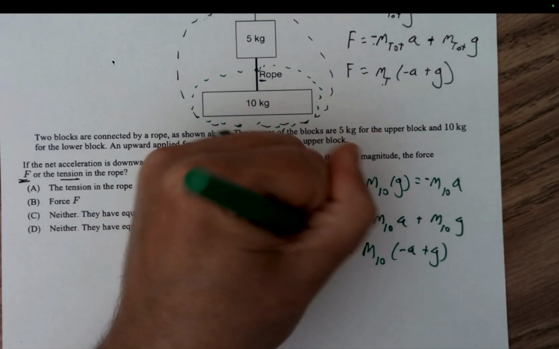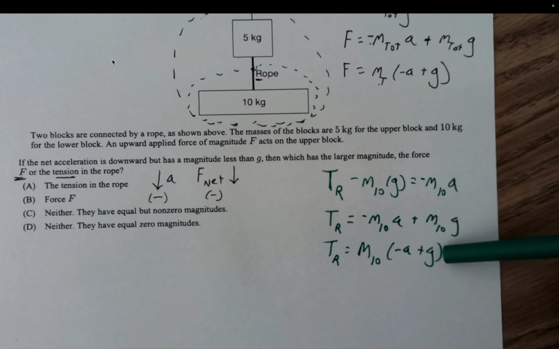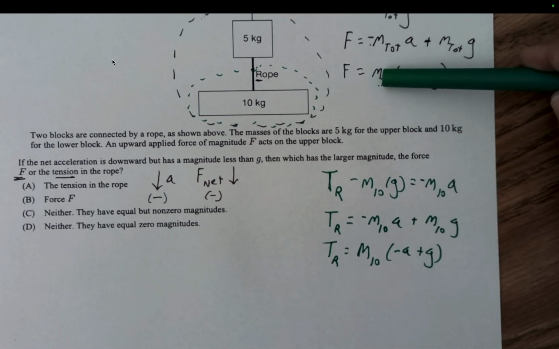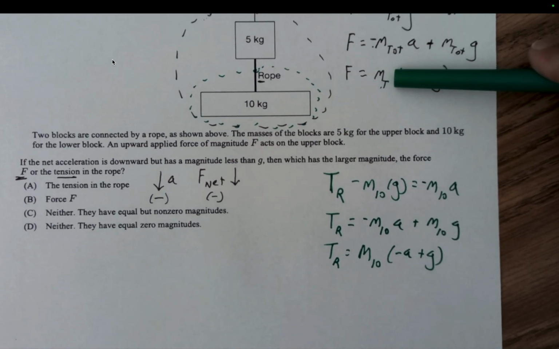So my tension in the rope has the same expression as the force pulling everything up, this negative A plus G. The only difference here is the force of the rope has to pull only part of the system's mass.